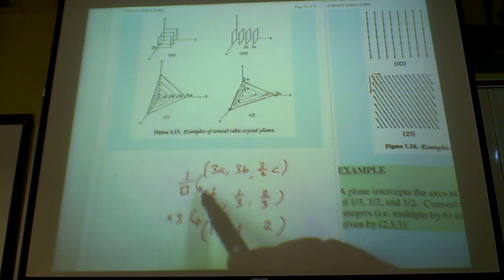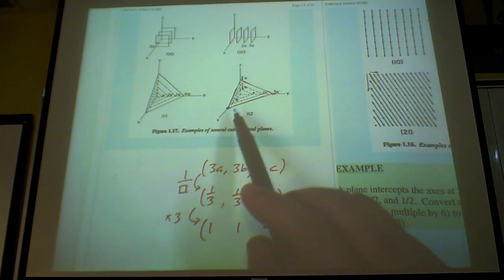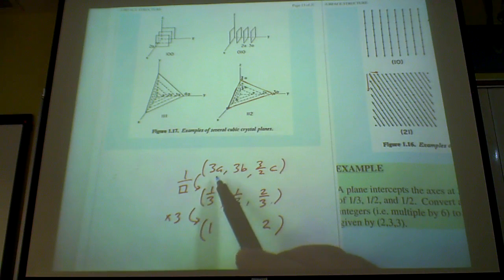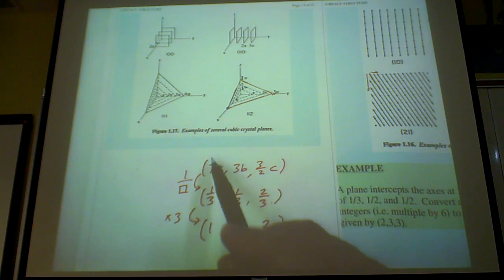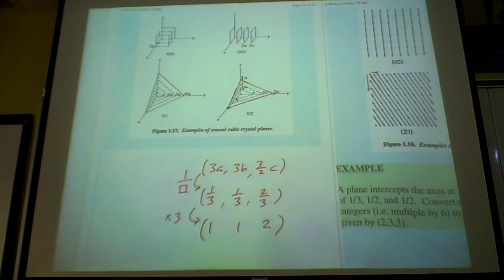Then I take the inverse of that and divide it by the respective lattice vector constant. So A divided by this, B divided by this, C divided by this. And that's what you got: 1/3, 1/3, 2/3.